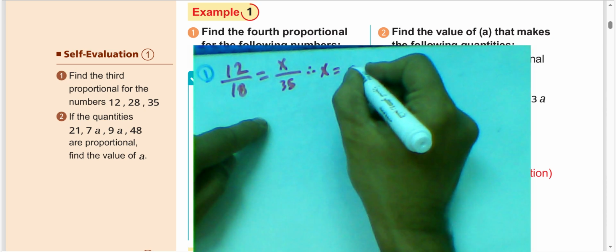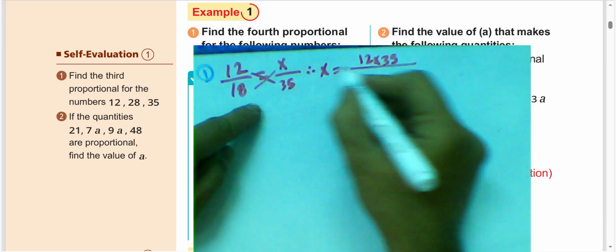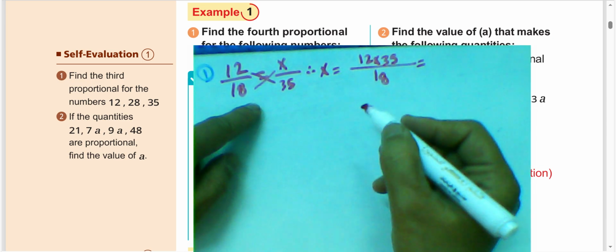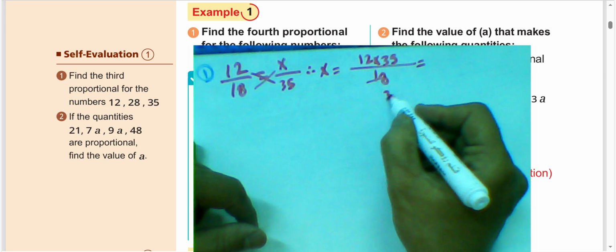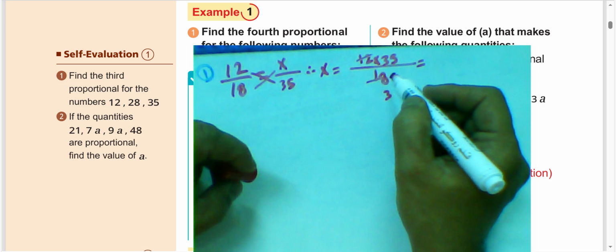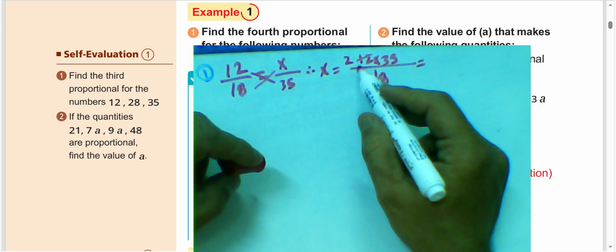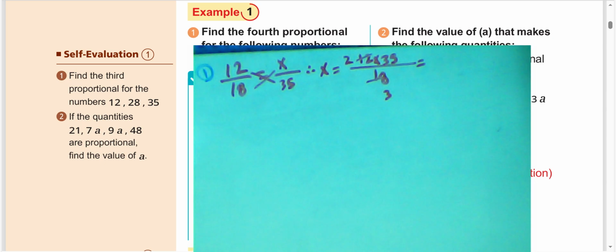And the value of x equals 12 times 35 over 28. You can use a calculator to find the answer or simplify.